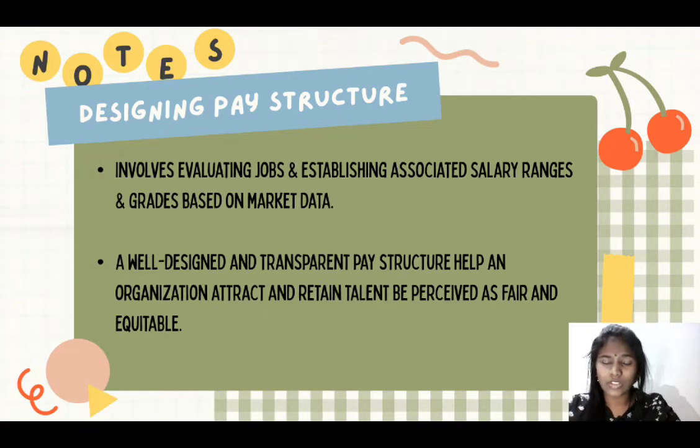Designing pay structure involves evaluating jobs and establishing associated salary ranges and grades based on the market data. A well-designed and transparent pay structure helps an organization attract and retain talent, and be perceived as fair and equitable.